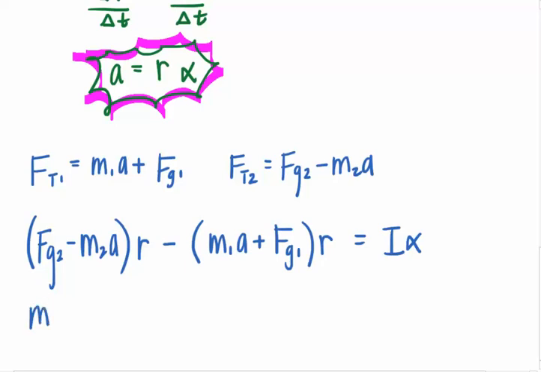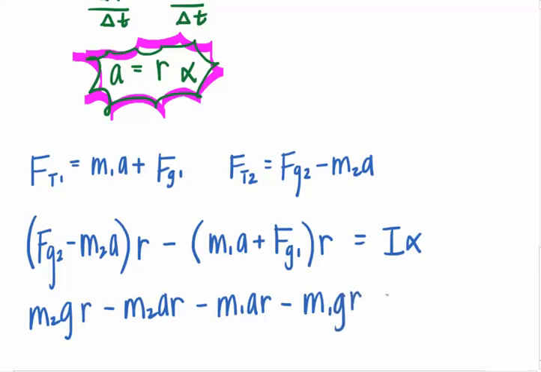So then M2G R minus M2A R minus M1A R minus M1G R would equal, what's the moment of inertia for a disk? 1/2 M R squared?